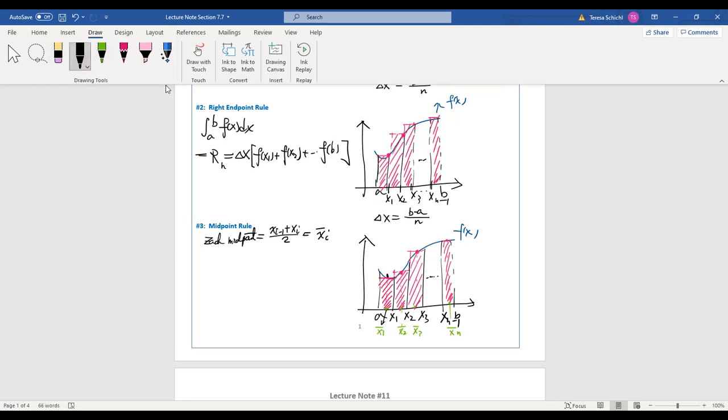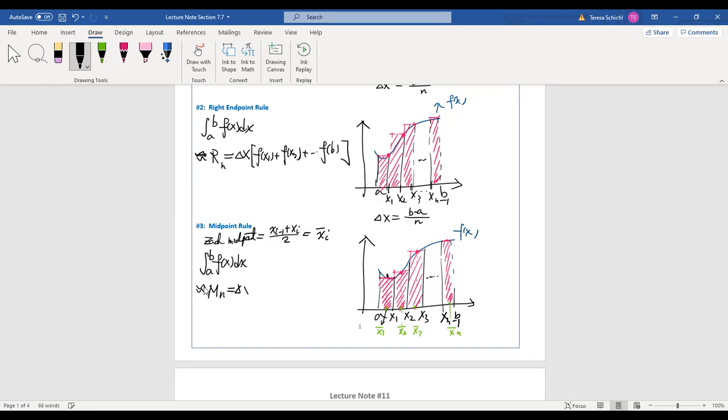So now I can still say the integral from a to b of f of x dx is going to be approximated by the midpoint M_n. So what is M_n here? Still the width times the height, right?